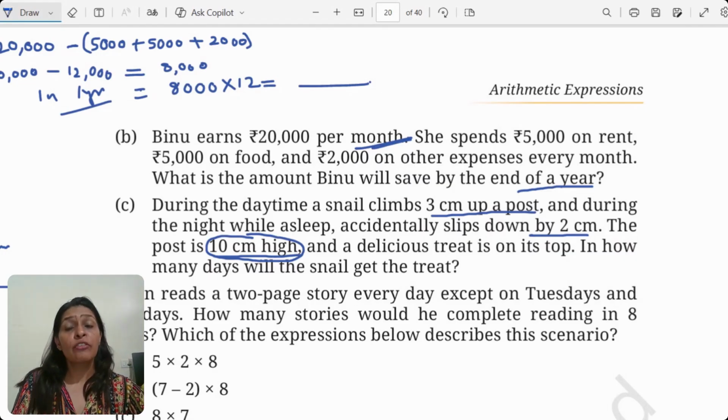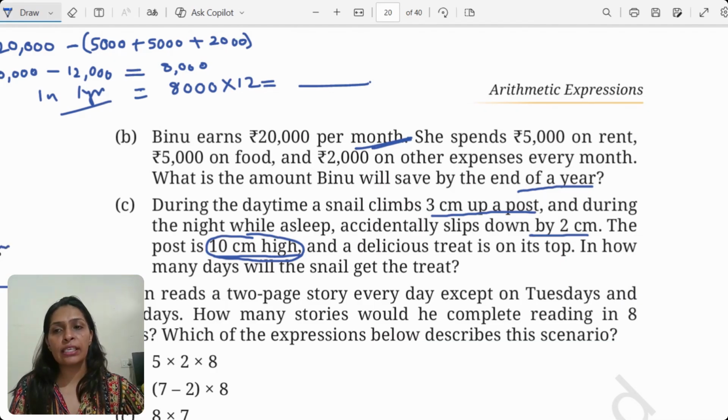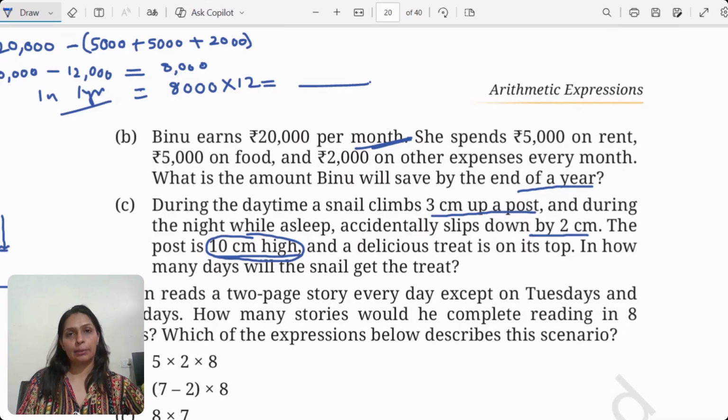So you can just keep on doing this, and I've given you the hint. This point is here, then again it will go up 3 centimeter, then come down 2. By this you can keep on marking in how many days it is going to cover the entire distance.